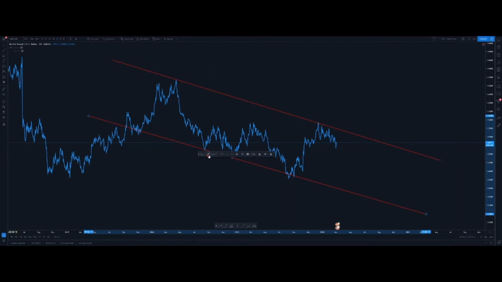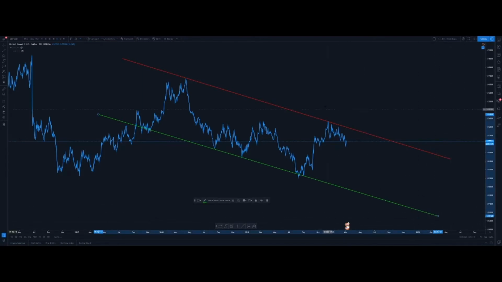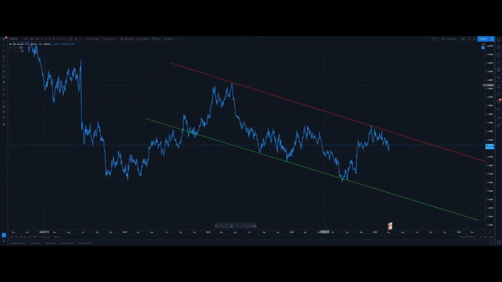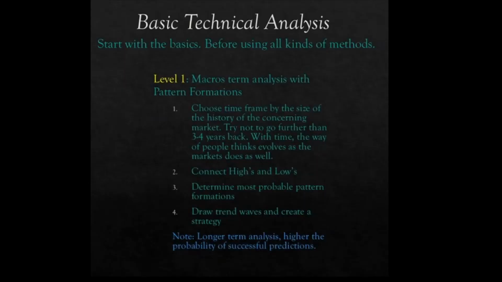So now we can see a beautiful pattern emerging, and it looks like a descending channel. The next step was to draw trend waves, and then we can move on to making a strategy.